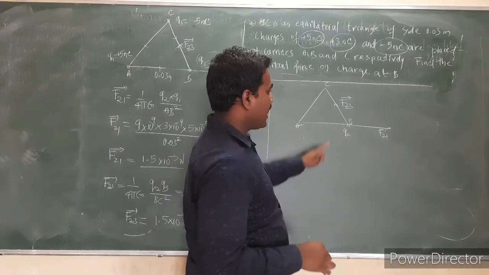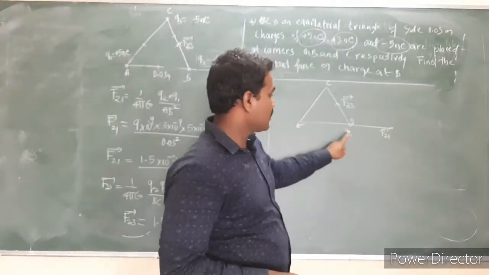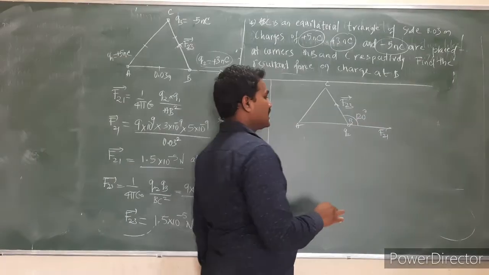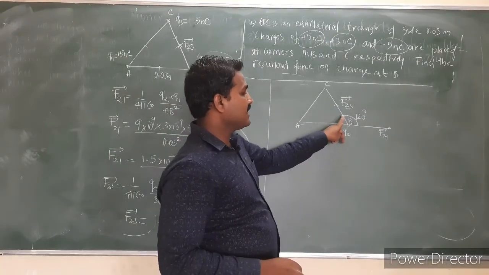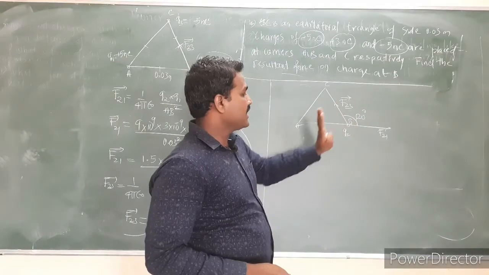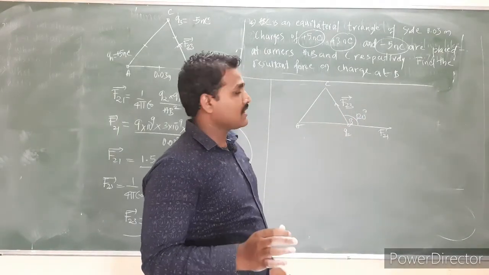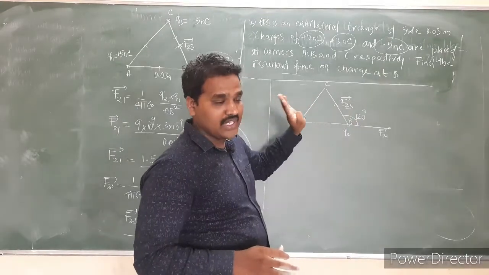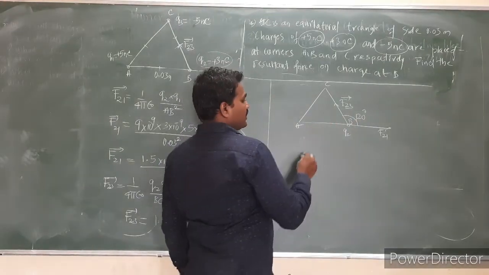See here, I have two forces acting on the charge at an angle of 120 degrees. Since it is an equilateral triangle, the interior angle is 60 degrees and this angle comes to be 120 degrees. In first year classes we have calculated the resultant force. The same concept I can use here.